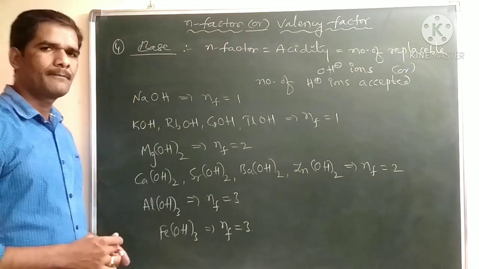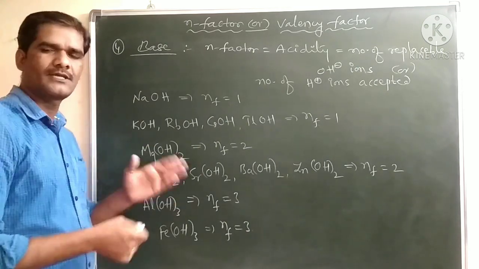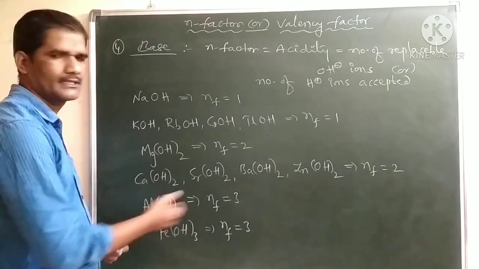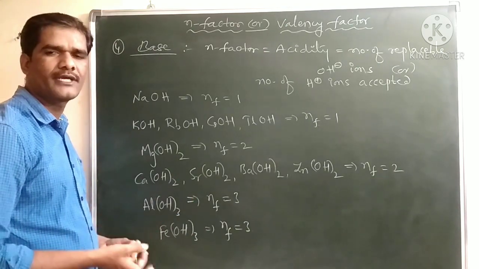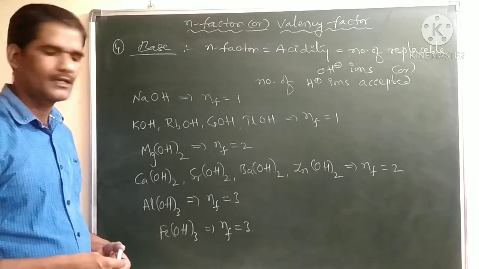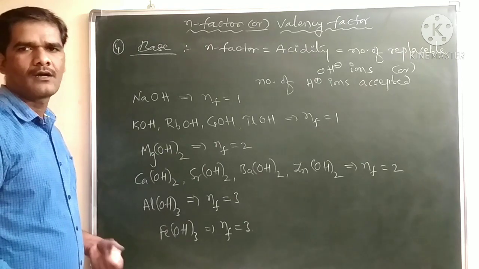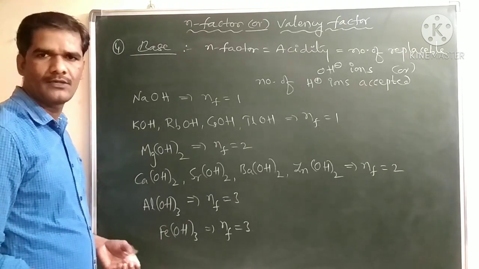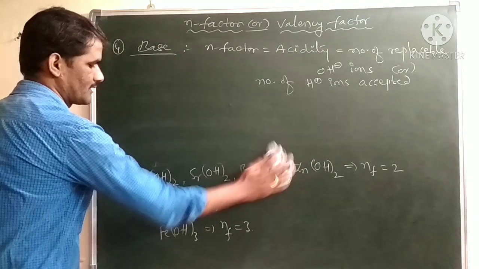So whatever the number of OH minus the base contains, the N factor is based on that number of OH minus. That is, if it is 1 OH, 1; if 2 OH, 2; if 3 OH, 3. But in some cases the organic bases do not contain any OH minus. So in those cases how to calculate N factor?